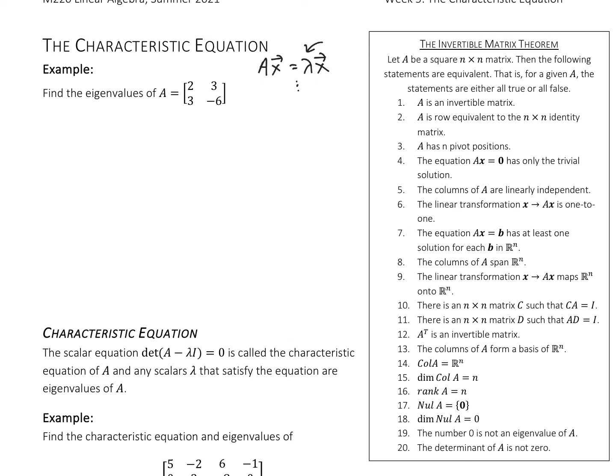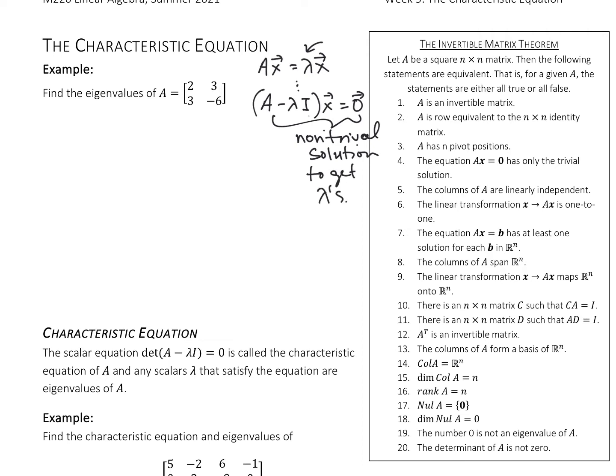We've done some rearranging, and we've gotten down to A minus lambda I times x should equal our 0 vector. Now, we know that lambda is going to give us something as long as this has a non-trivial solution to get our lambdas.